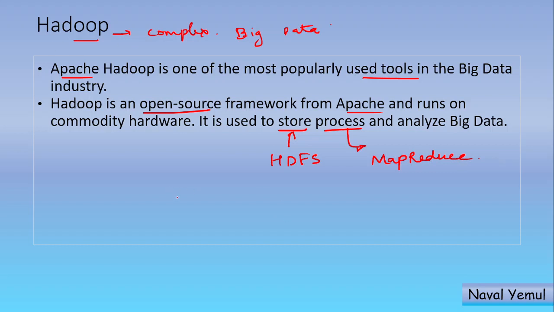HDFS is for storage. MapReduce is for processing, and you have a cluster manager or resource manager called YARN. These three are the core components of Hadoop 2.0.